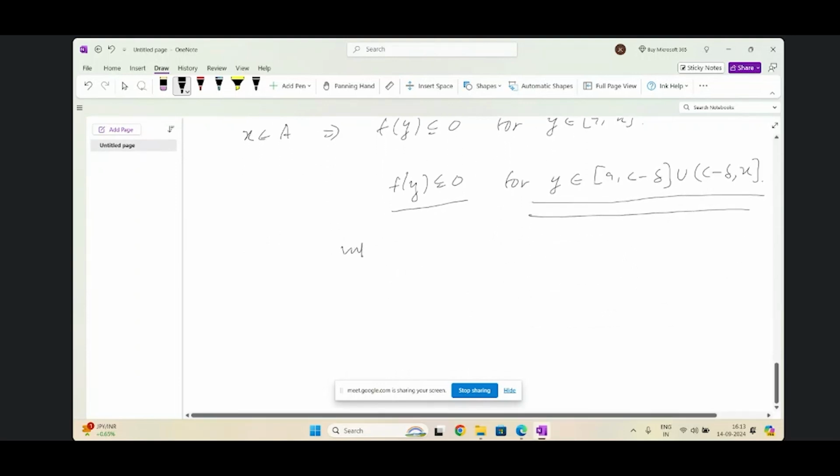So it is a contradiction. Hence, this case does not hold.